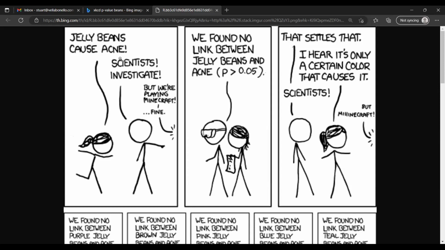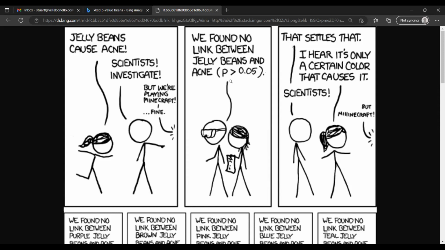Jelly beans cause acne. Okay, scientists investigate, but after a while, they come up with this conclusion: we found no link between jelly beans and acne. So P is greater than 5%.